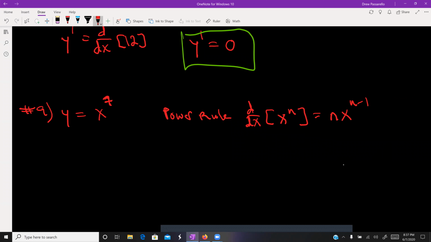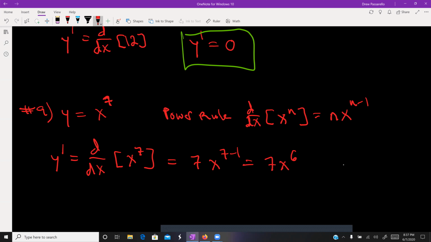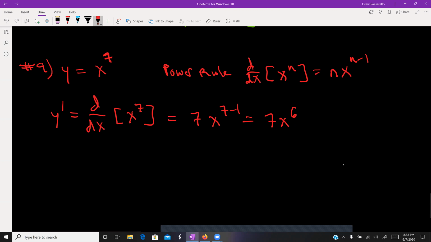So in this case, y prime is going to be taking the derivative of x to the 7th, which will be dropping down the 7 to x to the 7 minus 1. That's going to be 7x to the 6th. So y prime is 7x to the 6th.